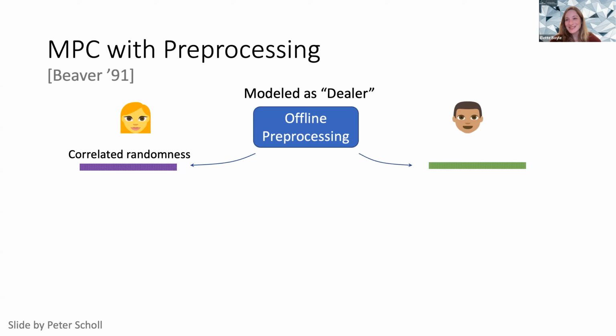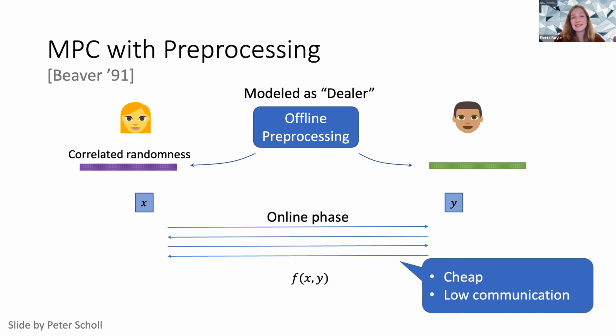So let me just say the following. This is going back to the model of MPC with preprocessing, remember, where there was an offline phase and an online phase. The offline phase is input independent, and the online phase can be done very cheaply.